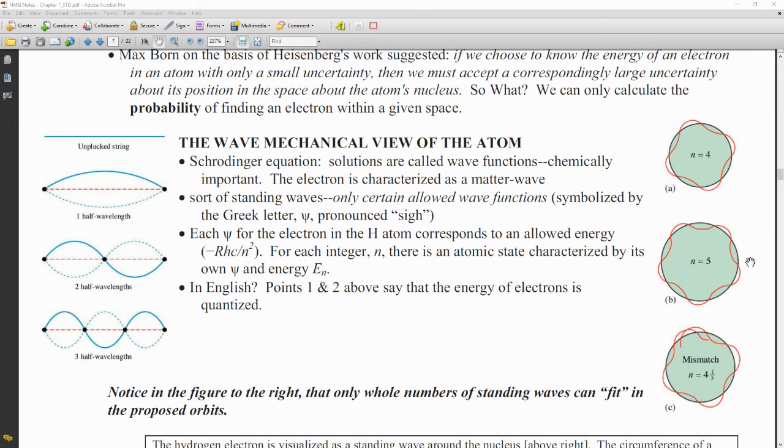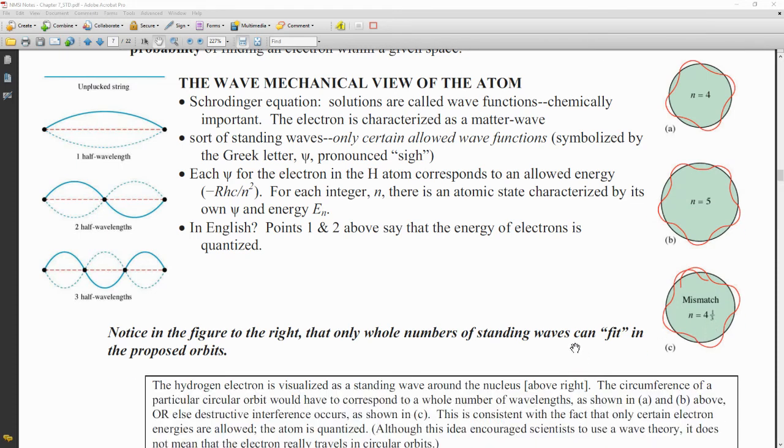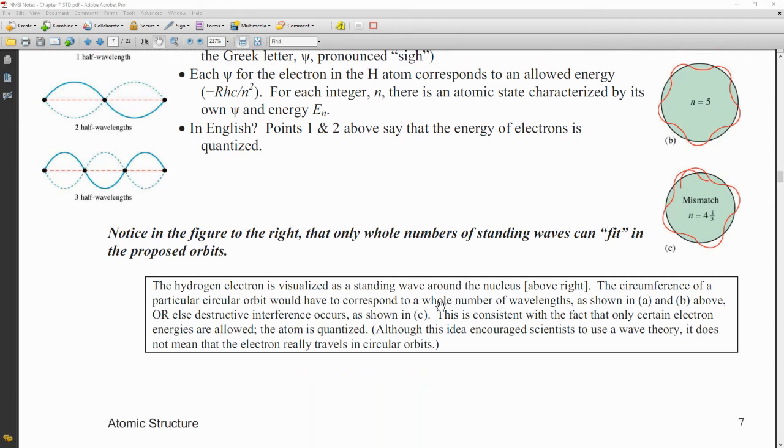I can do it at exactly 5, but 4 1/3, well, that's going to be a mismatch. That's impossible. And so there were these impossible areas around the nucleus for electrons to exist in. They're energetically prohibited.